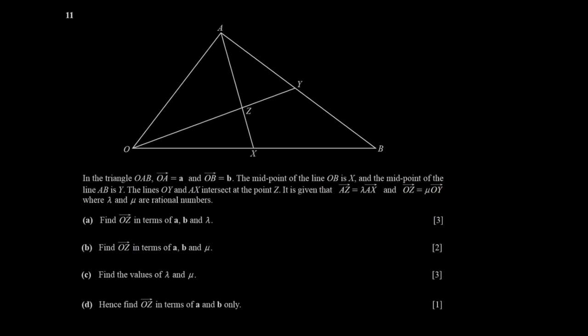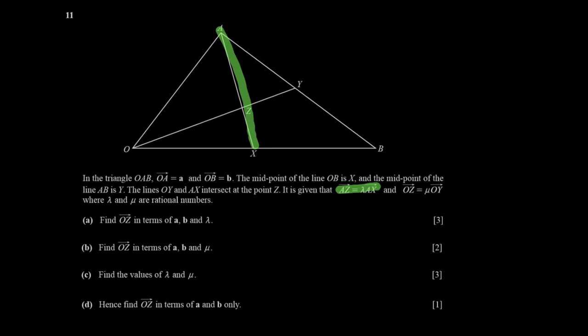Okay, now I think it's probably best if we deal with all of these parts together. Because what we're asked to do in part A and B is to find two different vectors for OZ. The way we're going to get those two different vectors is we're going to follow two different lines. So let me try to explain that. We're told in the question that AZ is equal to lambda AX. So that's that line there.